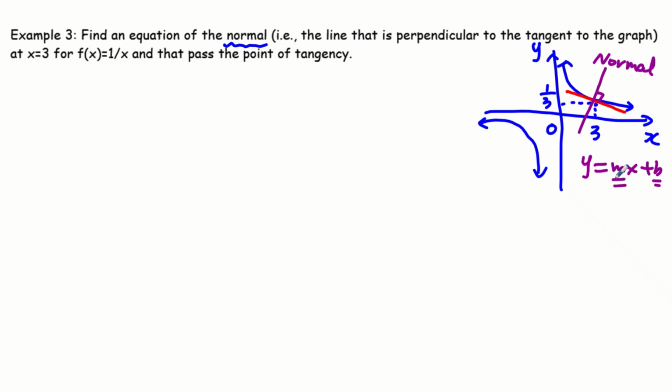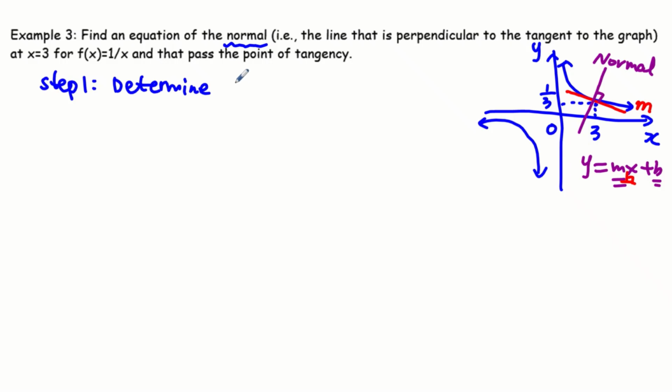In order to find the normal slope, if we can find the slope of the tangent, then we are able to find the perpendicular one. So our thought is step 1, we want to determine the slope of tangent at x equals 3.